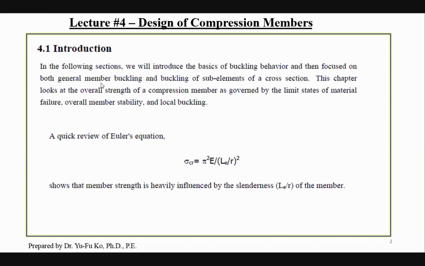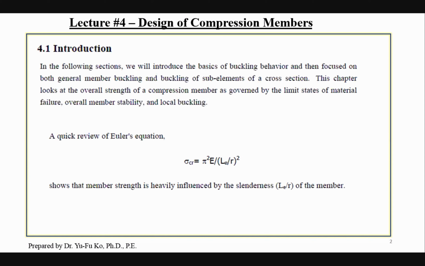So this one we call global buckling, and this we call local buckling. So global is a member buckling, and local buckling is the buckling of sub-element of a cross section. So there are two buckling modes that will occur.